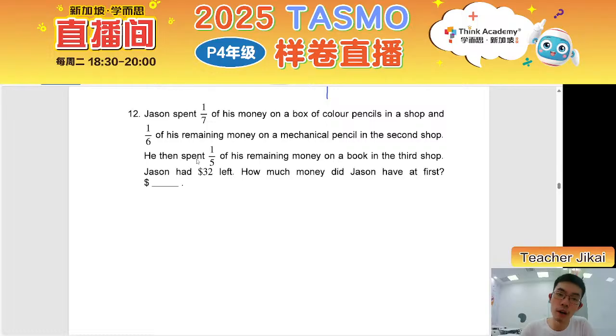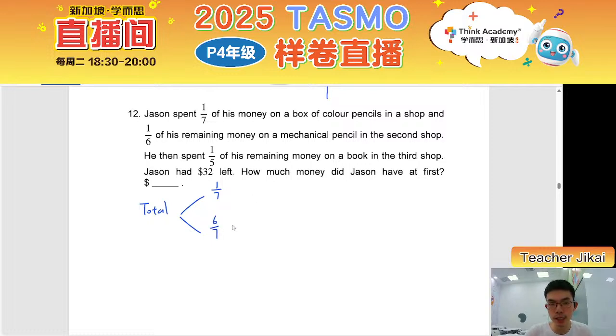Yeah, this one is a fraction problem. Jason spent 1/7 of the money on a pencil, 1/6 on a mechanical pencil, and 1/5 on a book. For this kind of fraction problem, we have a tool to help us. What is the tool here? The branching method. We have the total here, and Jason first spent 1/7 of it. So what is the remaining? 6/7.